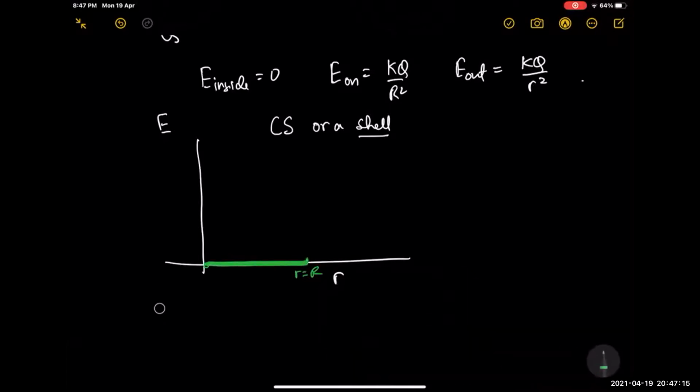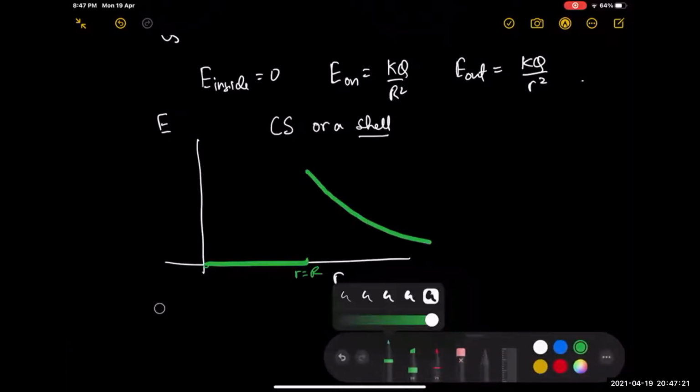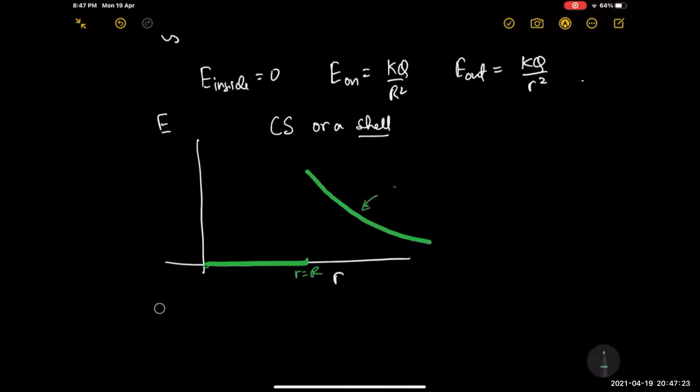And for R greater than R, it is K capital Q by r square. The Y value at this point is K capital Q by R square, so the coordinates of this point are capital R comma K capital Q by R square.